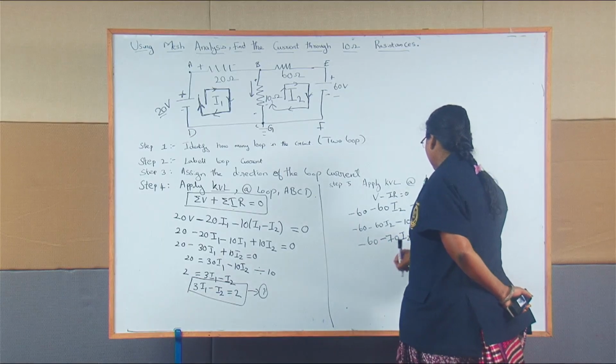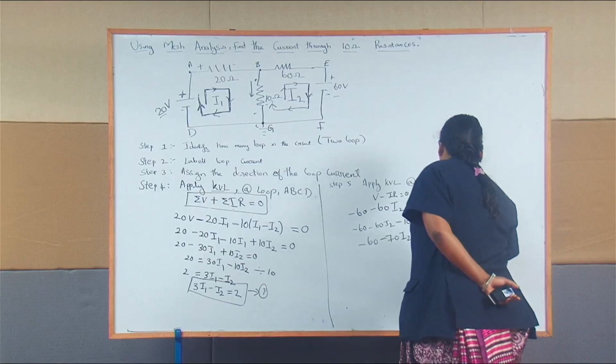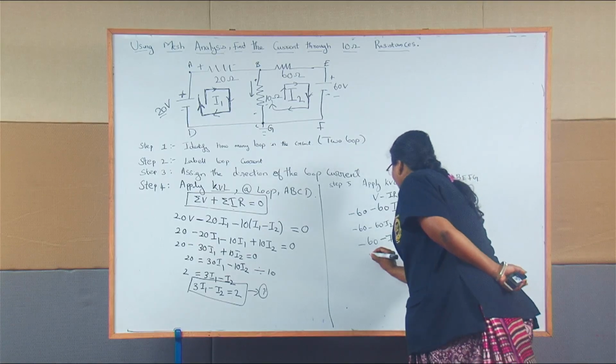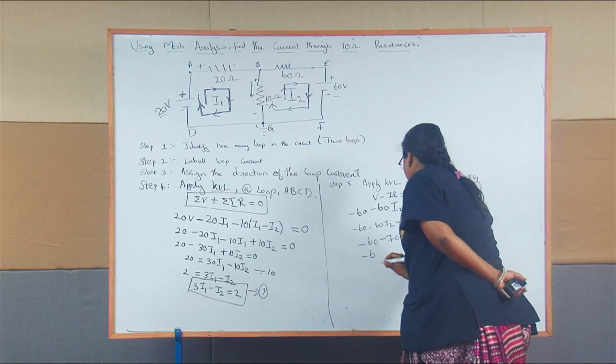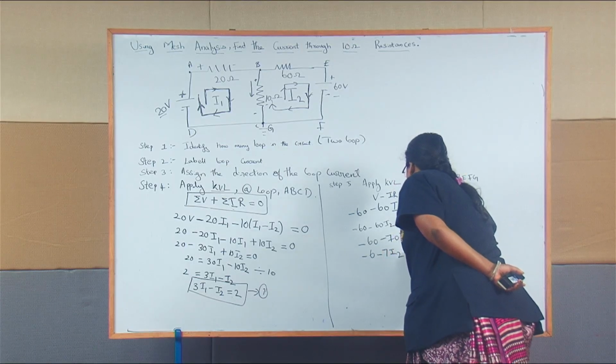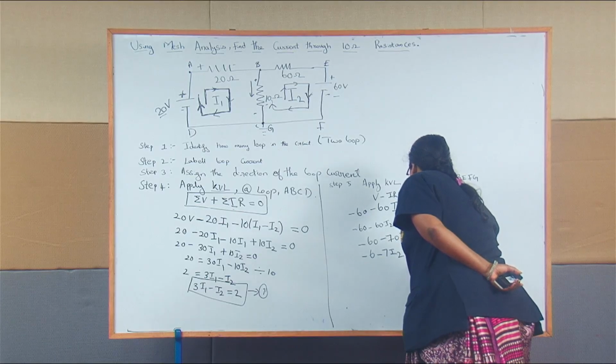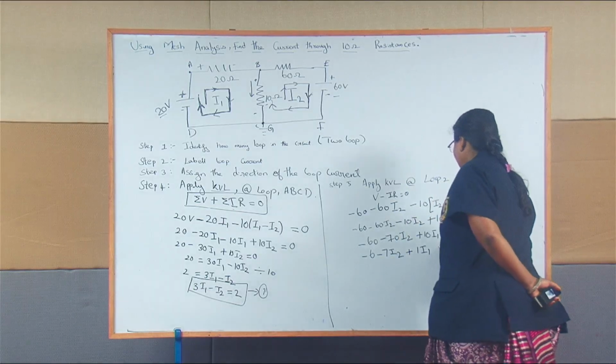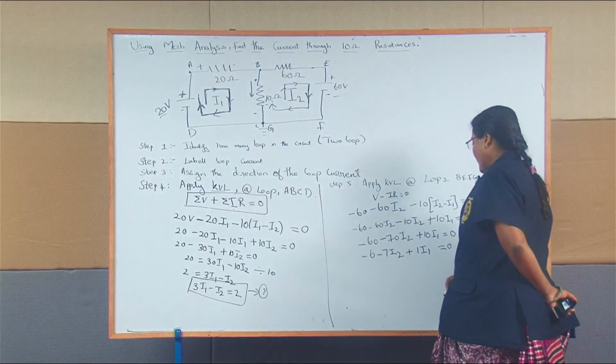Then 60, 70, 10 are all divisible by 10, so you can write minus 6 minus 7 I2 plus 1 I1 equal to 0.